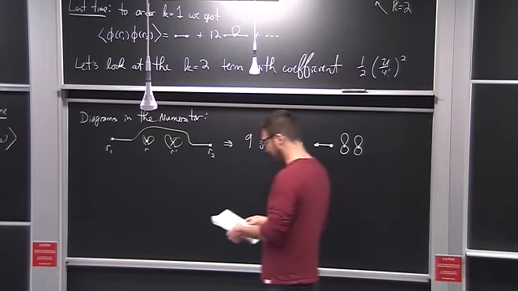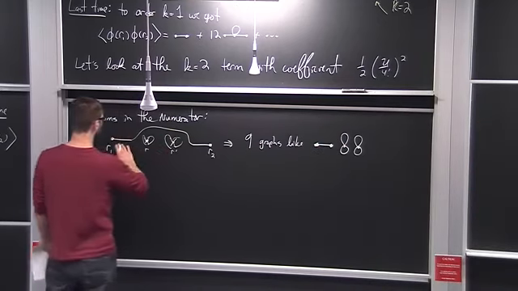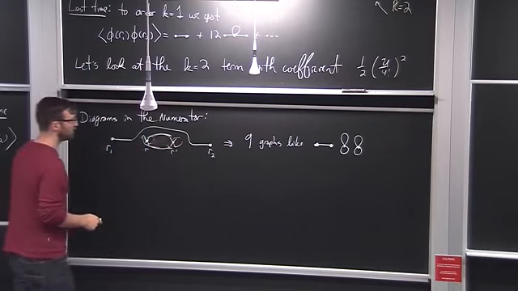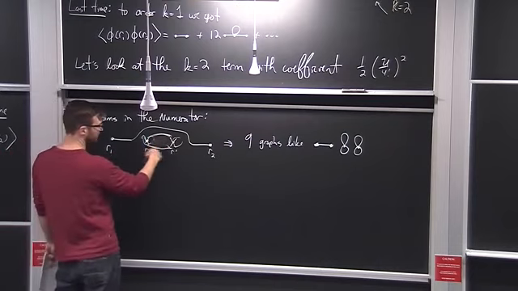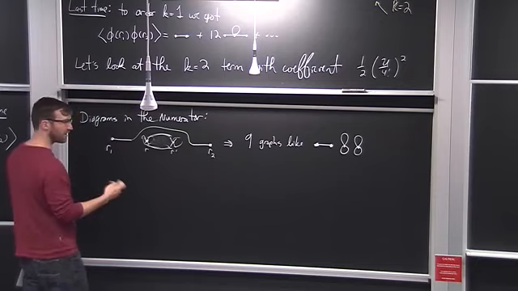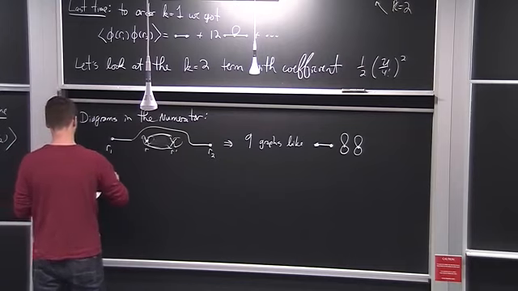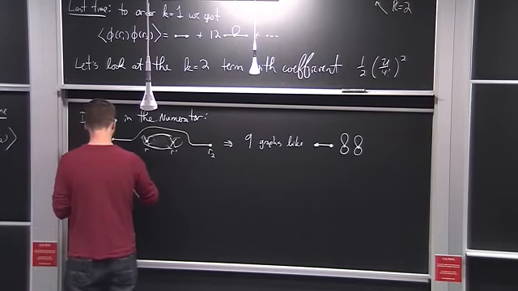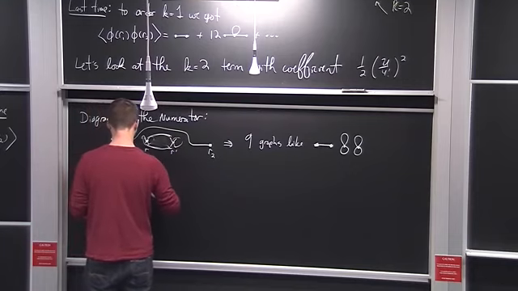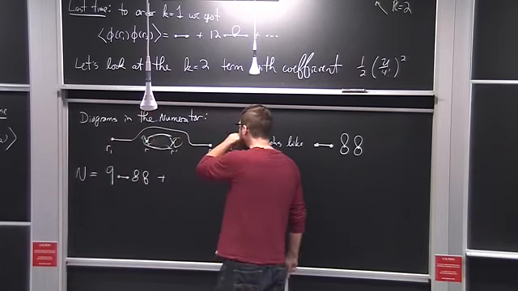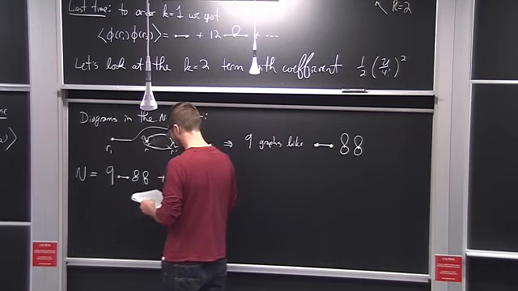Then you can imagine connecting R1 to R2, but then connecting these internal vertices together somehow. And this type of combinatorial thing, we've also already calculated before. So let me start drawing these all out. To get 9 of those things, these ones here, I just wrote down the combinatorial factors.